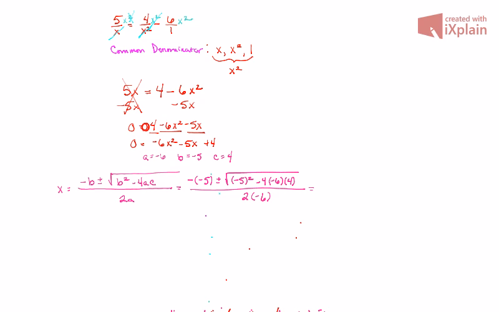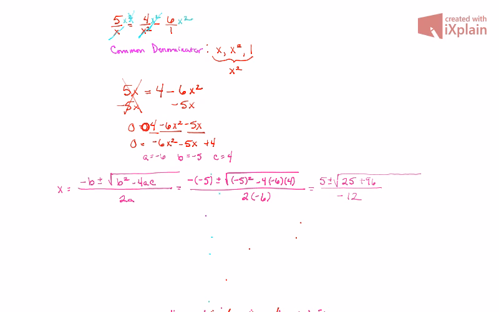We have a negative negative 5, so this becomes positive 5. I put parentheses around negative 5 because I want negative 5 times negative 5, so I will have positive 25. And negative 4 times negative 6 times 4 gives a positive 96. This is all over negative 12.